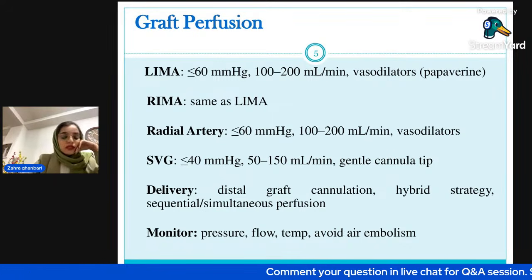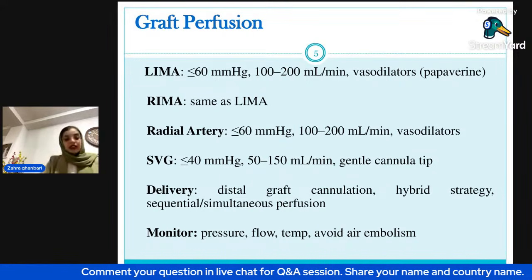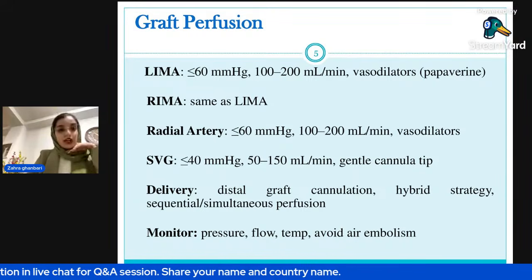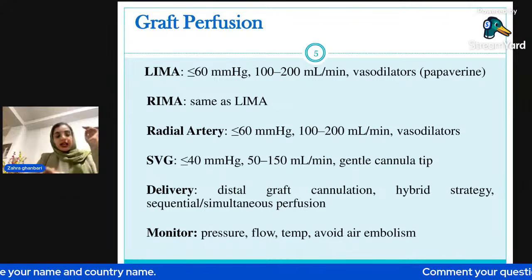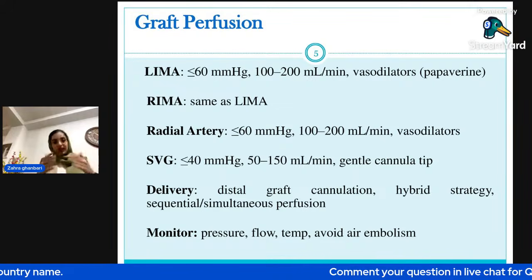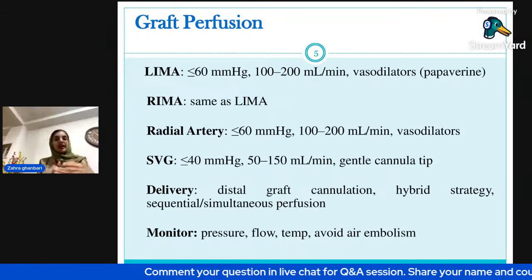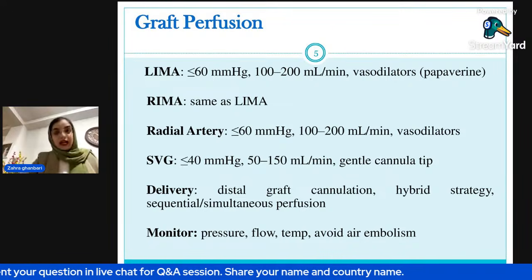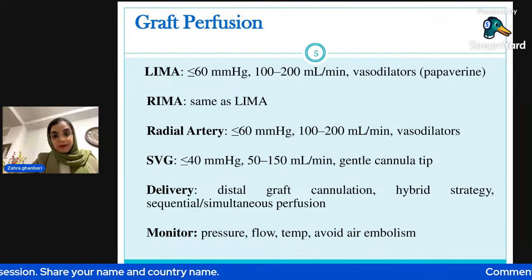This graft is located along the chest wall. The other graft is RIMA, the right internal mammary artery, which is very similar to LIMA. For both RIMA and LIMA, we should maintain pressure less than 60 mmHg to avoid damage and triggering spasm.